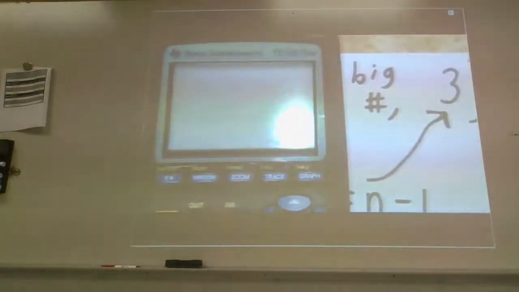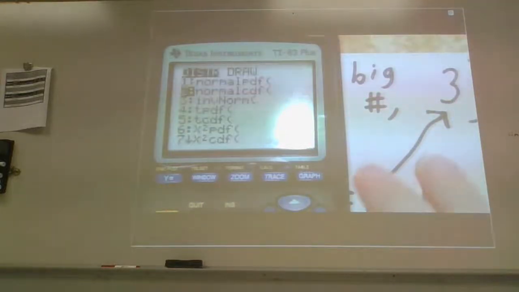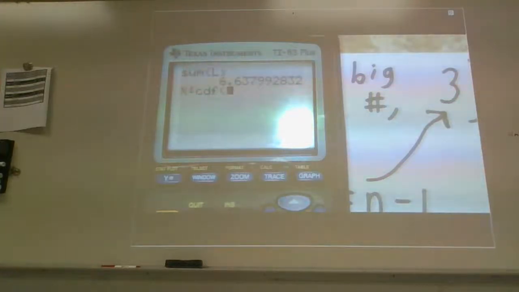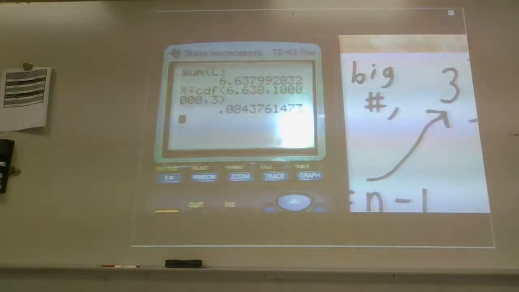Zooming in. Boom. Second vars, chi-squared CDF. I type in 6.638, comma, some big number, comma, 3, because you have to put in the degrees of freedom. And obviously, it spits out the exact same p-value that I need.